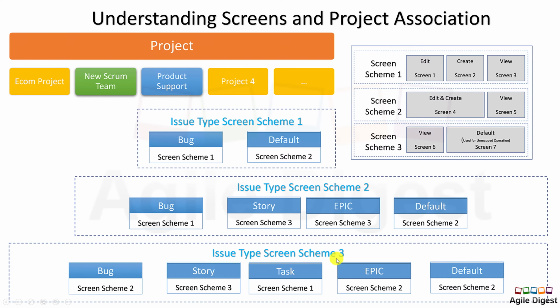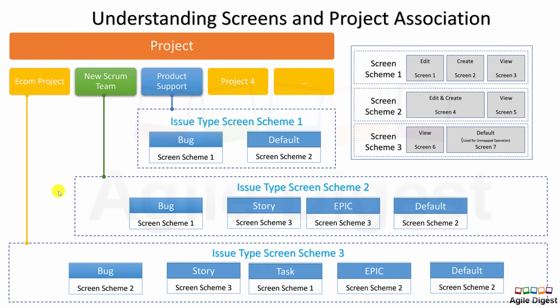Now issue type screen scheme 3, this is what we have configured: for bug, screen scheme 2; story, screen scheme 3; task, screen scheme 1; epic, screen scheme 2; default, screen scheme 2. This is what we have configured, and we map our projects with the issue type screen scheme.